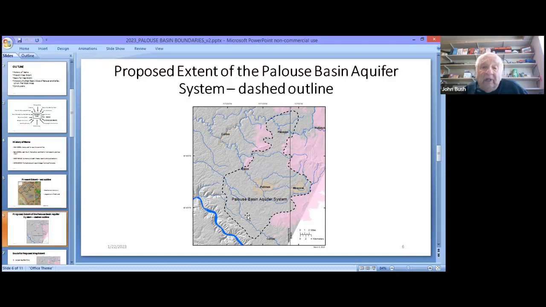Wells along the edge, historical wells that farmers drilled back in the past, were pretty much deep and dry. So it was determined through various other reports that the water is not getting to the Snake River, so that boundary is a fairly defendable boundary.